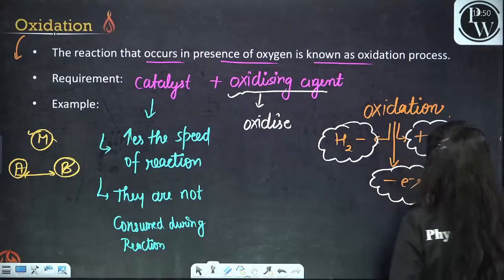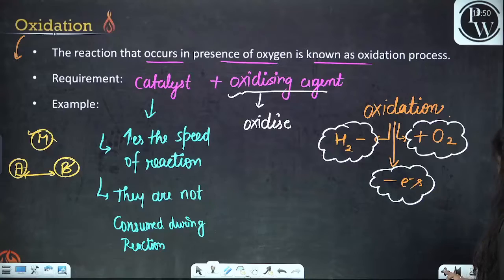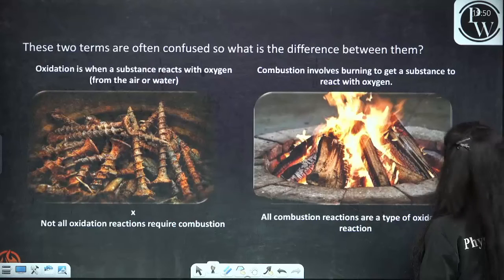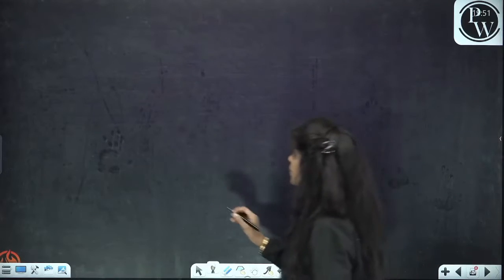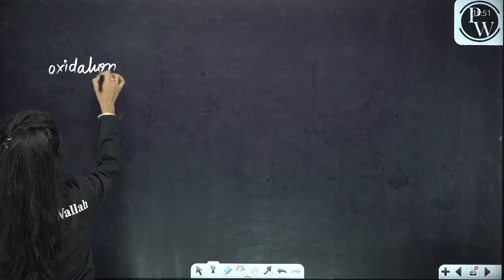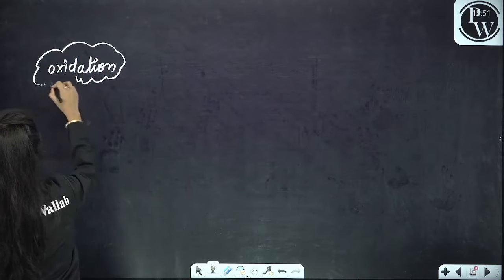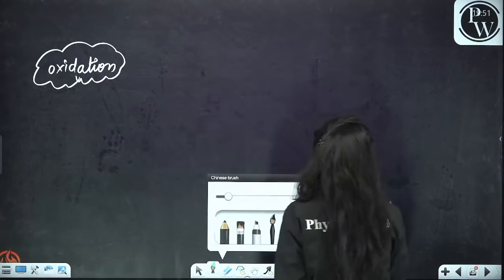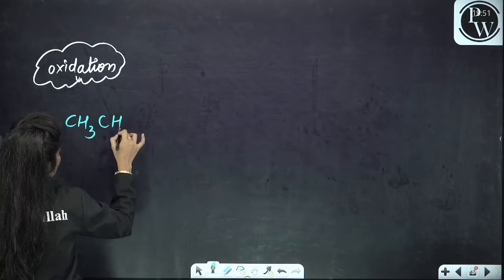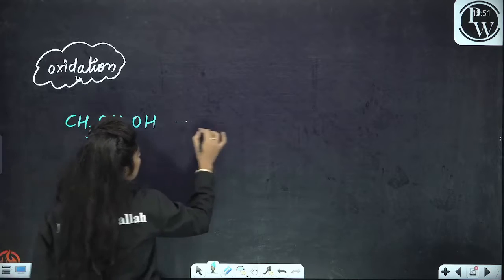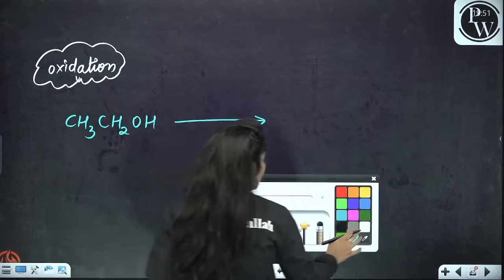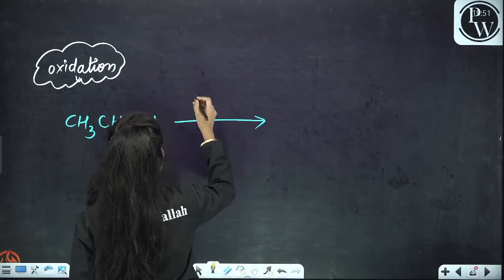Now, what do we have in the example? Here we have the oxidation reaction, one of the most important reactions: the oxidation of alcohol, CH3CH2OH, in the presence of oxidizing agents such as acidified KMnO4, that means in the acidic medium.